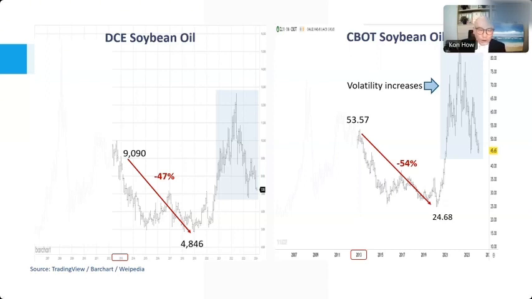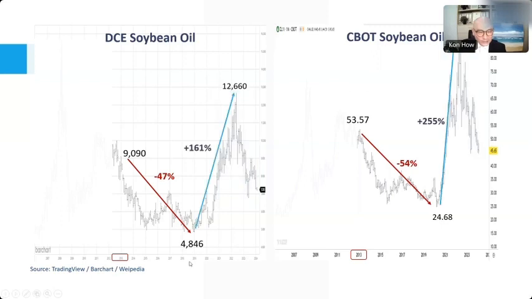Now, what happened when 2020 hit is that the relationship shifted. The US soybean oil became much more volatile. From the trough to the peak, during the peak of COVID-19, the CBOT soybean oil went up by 255%, whereas the DCE soybean oil was only up by 161%.